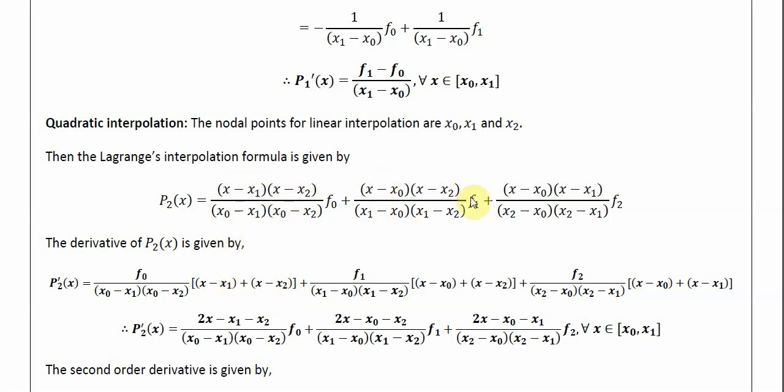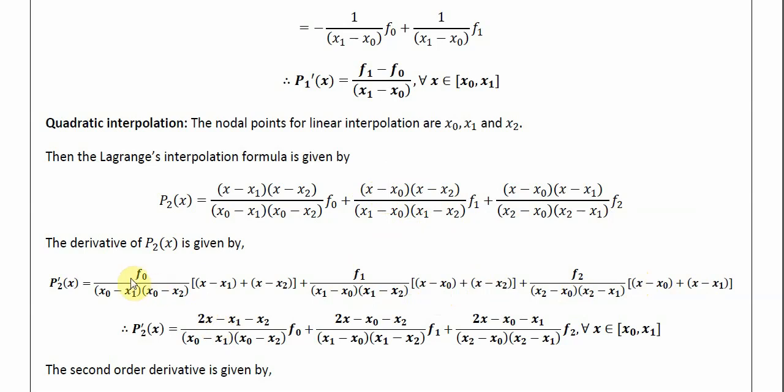Same thing we do with the second term. f1 divided by these numbers, it is going to be constant into differentiation of these two product. Therefore, first term constant, differentiation of this term is 1, plus the second term constant, differentiation of this term is 1. Therefore, the product reduced to the sum. Same thing, differentiate with the third one also.